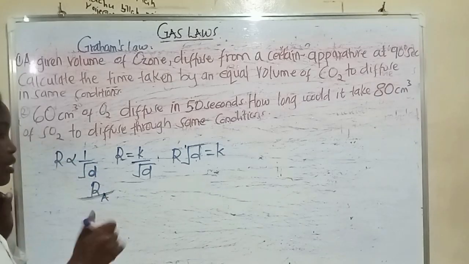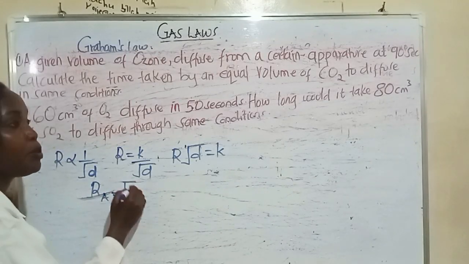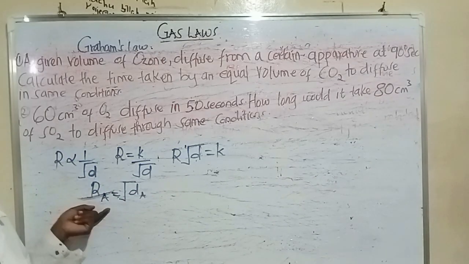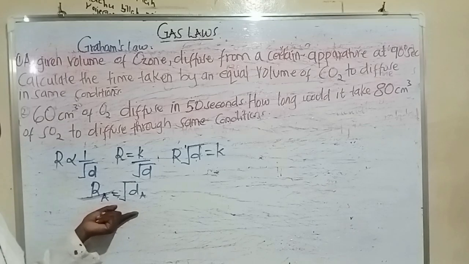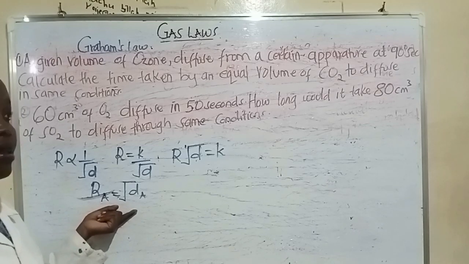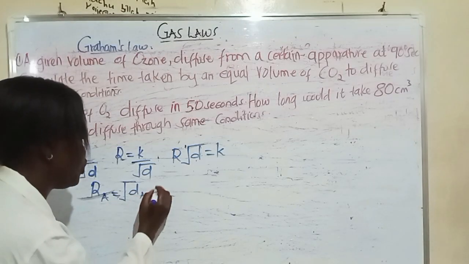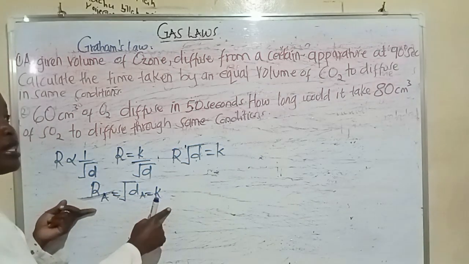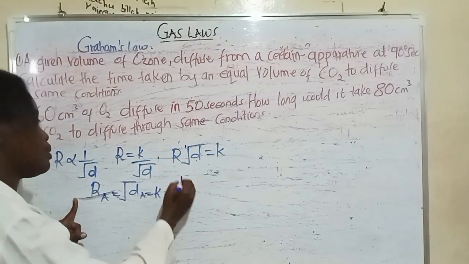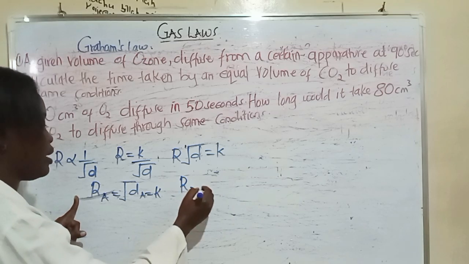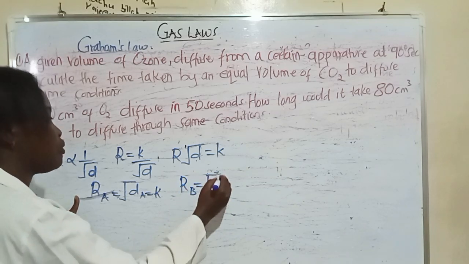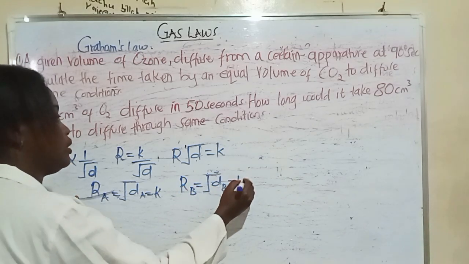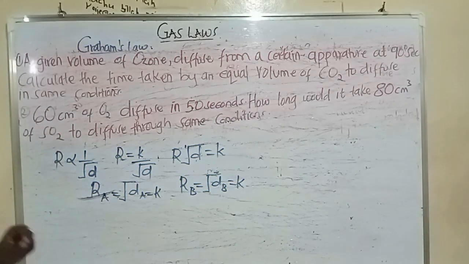Our gas B is also going to be the same, with density dB at constant temperature and pressure.